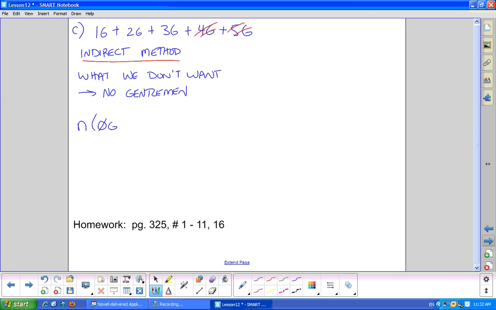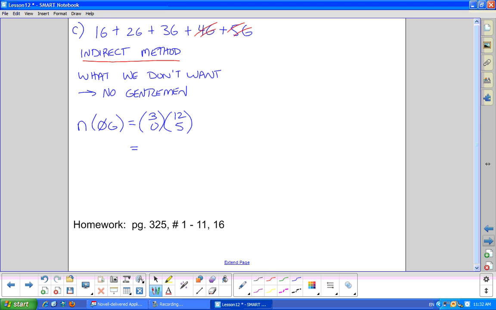So 0 gentlemen would equal 3 choose 0. And then all ladies, which we've already calculated on the first page. I'm doing it as a probability. I just want to look at the total number of outcomes. So no gentlemen and 12 choose 5.